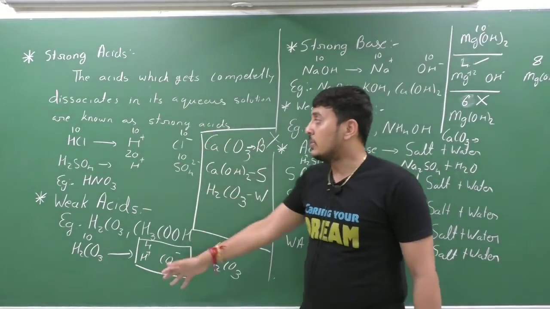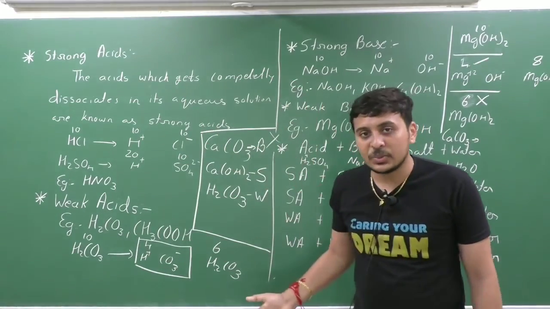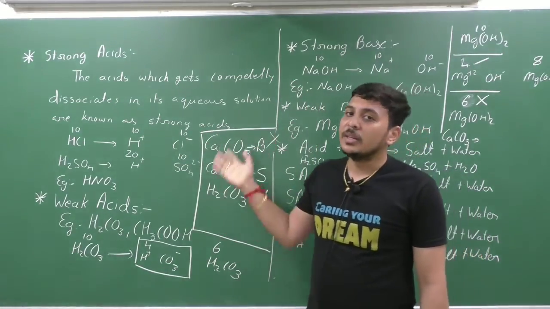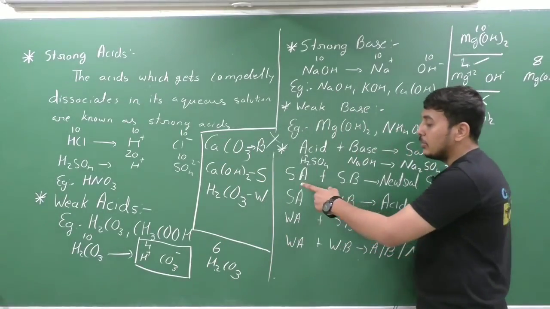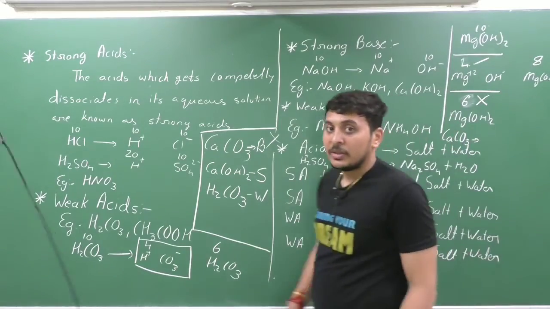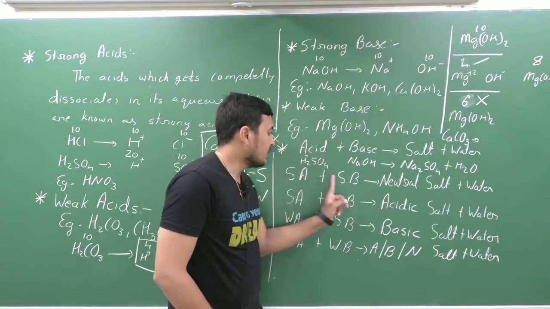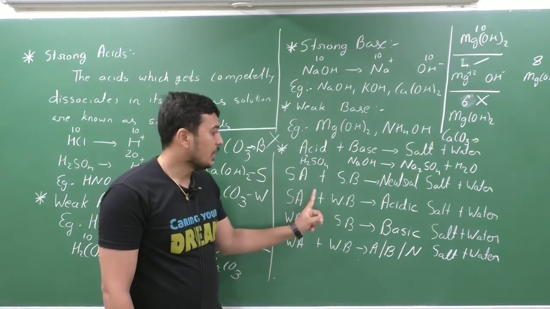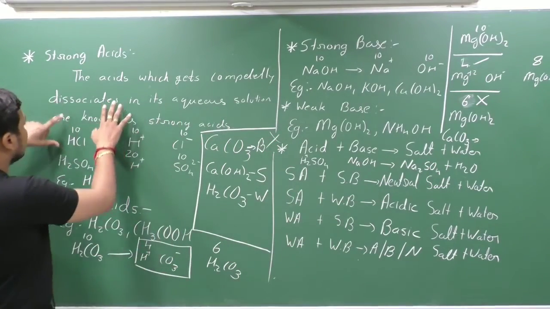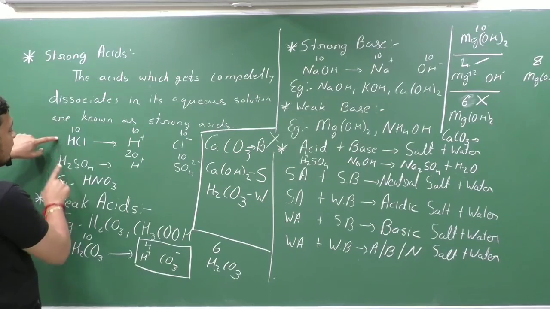Write down these whole notes, one time in your classwork, one time in your rough work. Also write examples of reactions: 5 reactions of strong acid and strong base, and complete the reaction. See, here I have given examples of 3 strong acids.